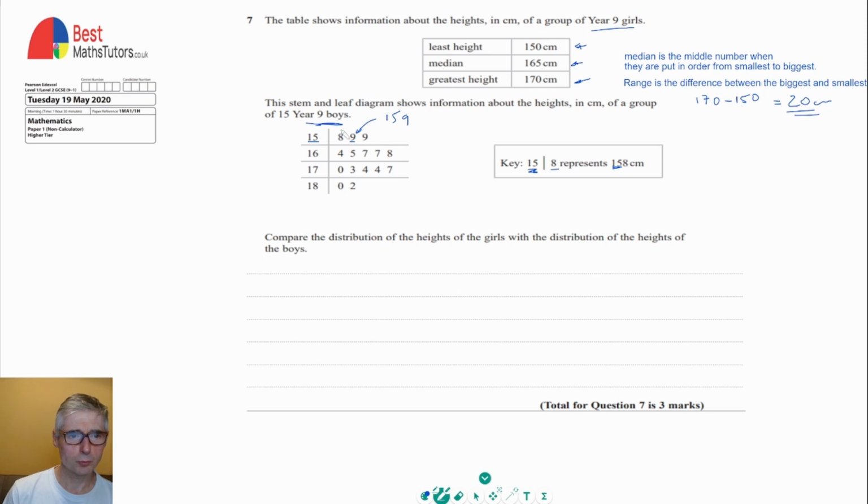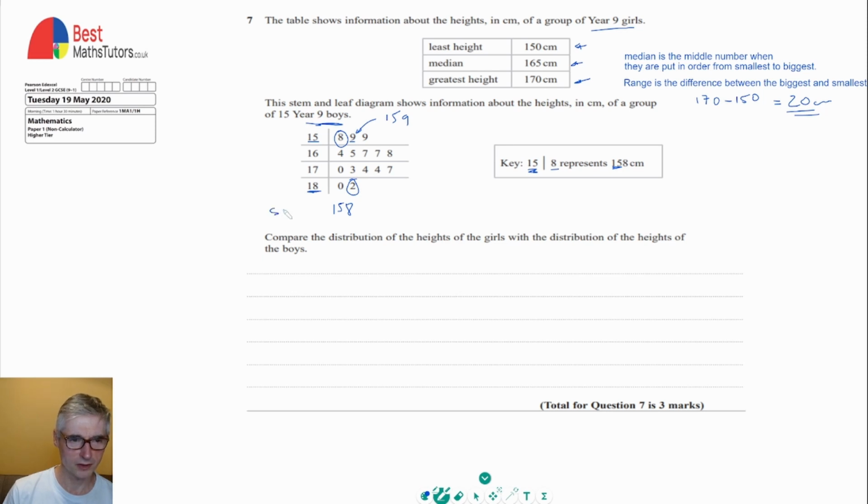So that 9 there actually represents 159. And so one of the first things we can find out from this information is the smallest height for the boys, which is represented by this 8, and that is actually 158. So that's the smallest. And the largest, because these are in ascending order, is the 2 here, and the first 2 digits are 1 and 8, and the 3rd one is the 2 there.